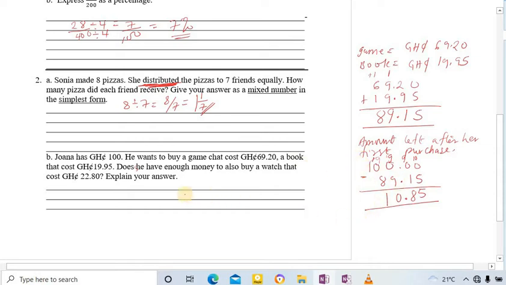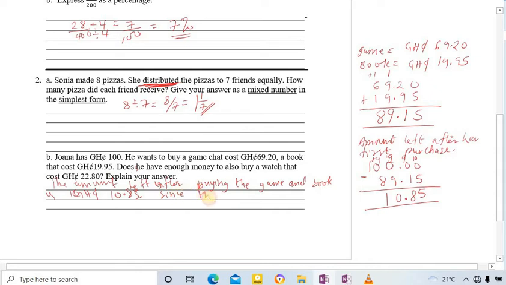So you simply write: the amount left after buying the game and book is Ghana cedis 10.85.